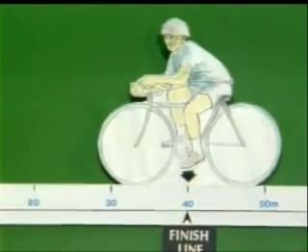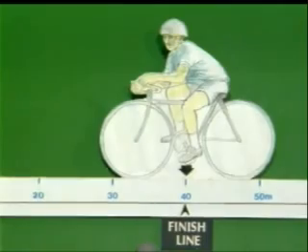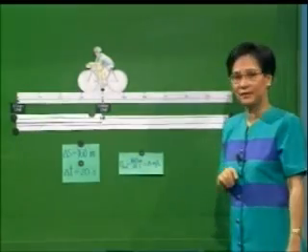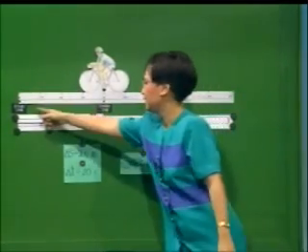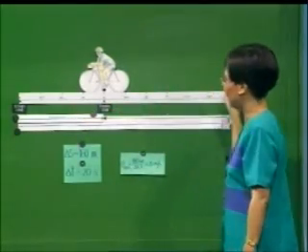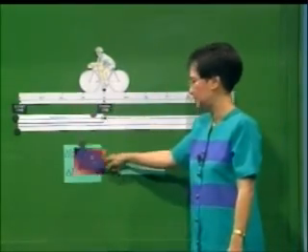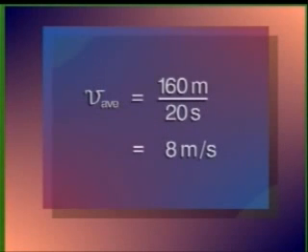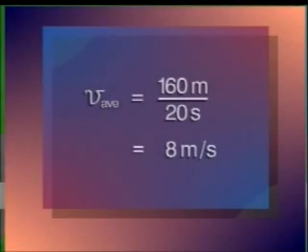Now, we can see that the total distance traveled by the cyclist from the starting line to the 100-meter mark up to the finish line is 160 meters. If he travels this in a time of 20 seconds, therefore the average speed is equal to 160 meters divided by 20 seconds, which is 8 meters per second.